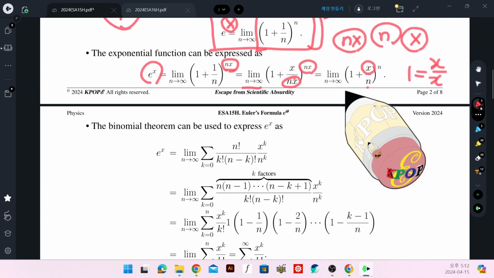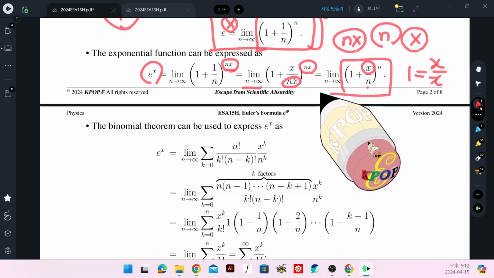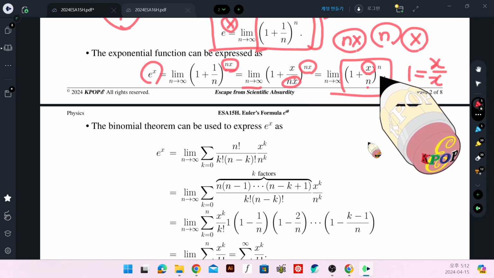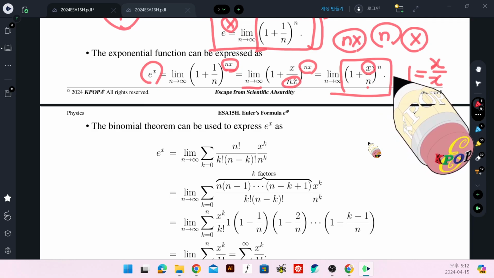Now we can apply what we learned as Newton's generalized binomial theorem. But in case we have an integral power, we can apply the binomial theorem directly.